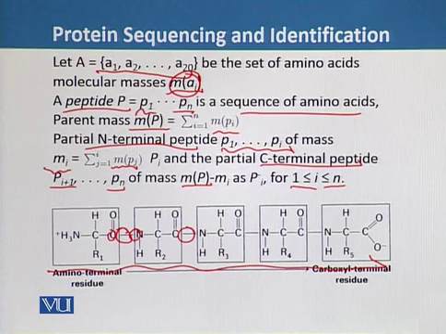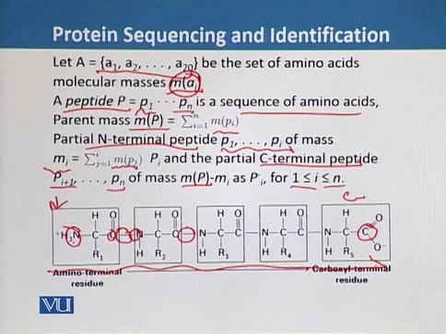Therefore, every protein begins with an unfinished peptide bond that begins with N, and another unfinished peptide bond that ends with C. An N-terminal peptide is a fragment of protein that includes the leftmost end, called the N-terminal, and a fragment that includes the rightmost end is called the C-terminal. This is the general structure of a protein, having amino acids connected by peptide bonds.